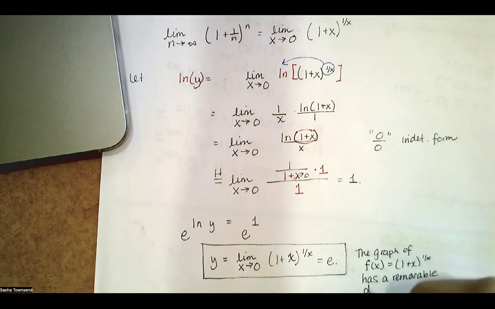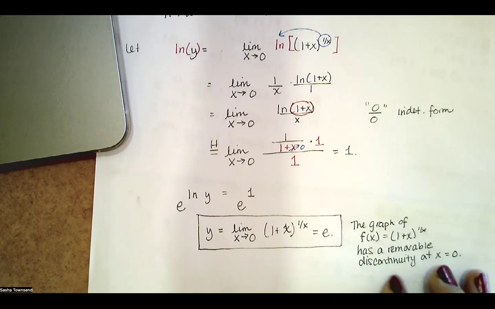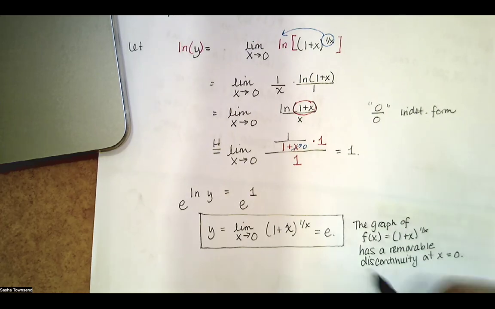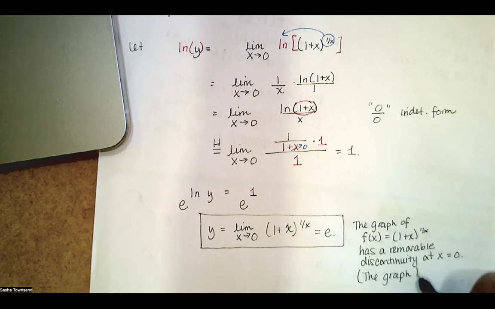So it's just like the graph has a hole in it, basically, at x equals 0. And if I am graphing that point, I'm graphing the point x equals 0 and y equals the limit. So I'll say the graph as a whole at x equals 0, y equals e.